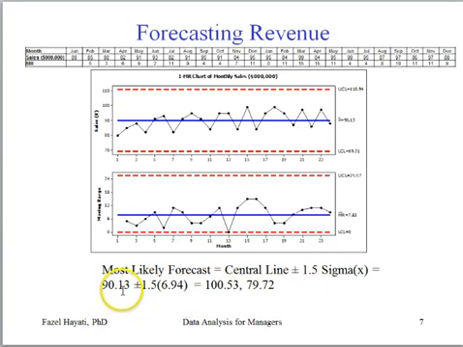In this case, 90.13 plus or minus 1.5, where 1 sigma is about 6.9 million in this process, and that gives us a most likely forecast of between, say, 80 to 100 million dollars.